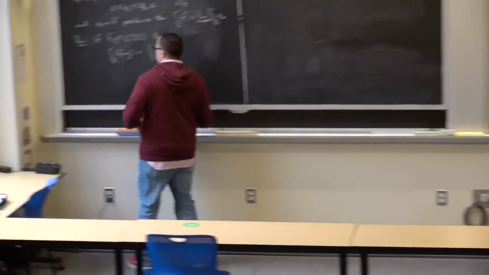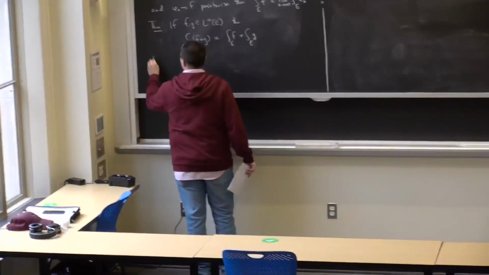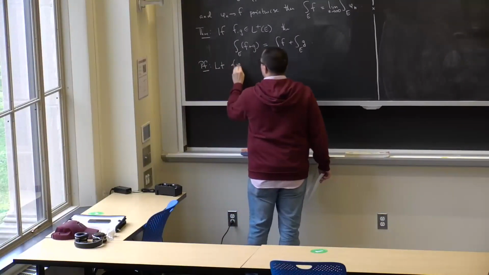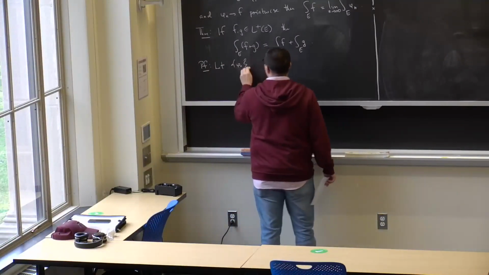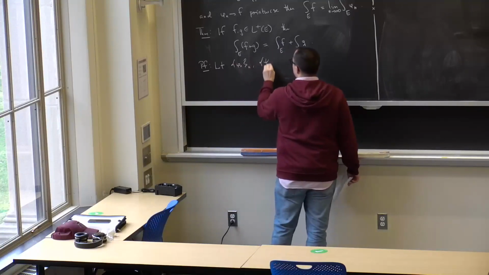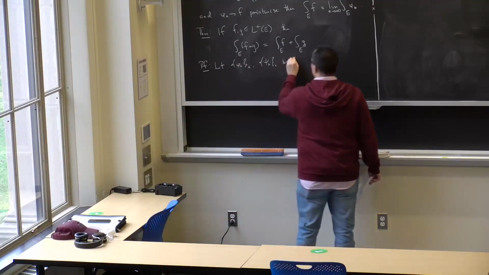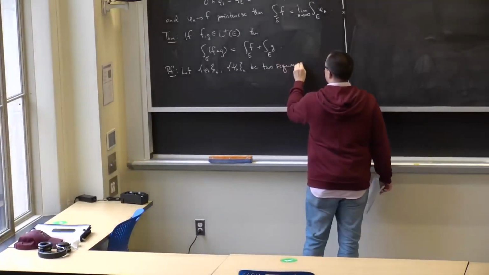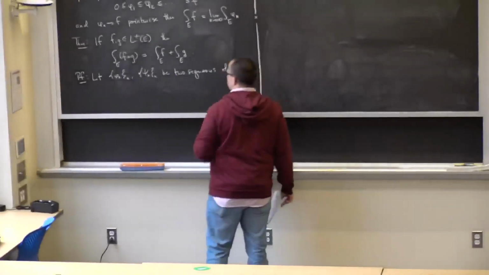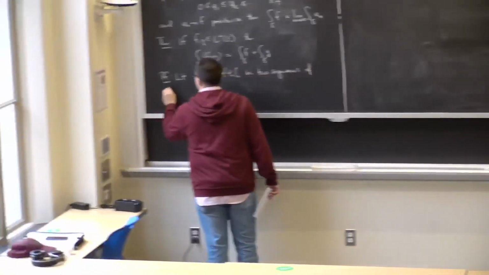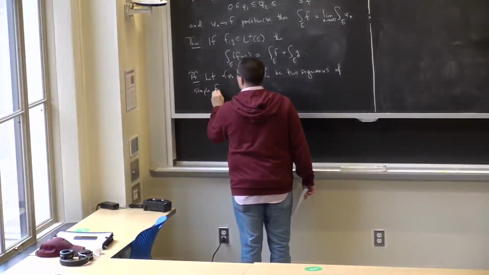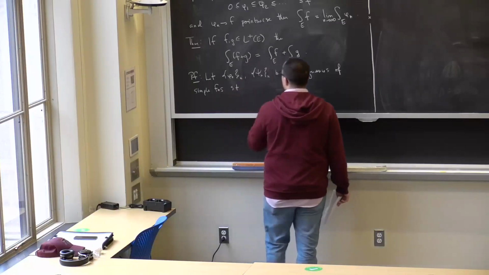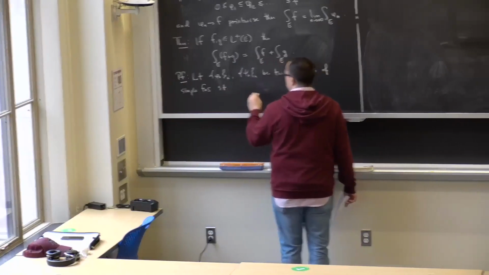So the integral is linear, so what's the proof? Let phi n and psi n be two sequences of simple functions such that they're increasing to f and g respectively.